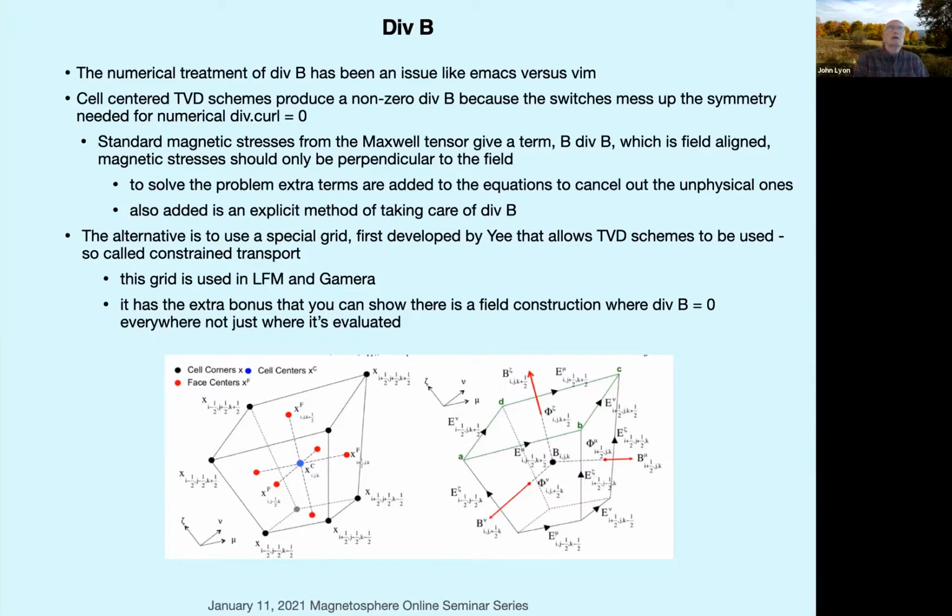Well, the big problem with that is that you then get a term which is B times div B in the Maxwell stresses, which is field aligned, which is really bad, since magnetic stresses are only supposed to be perpendicular to the field.